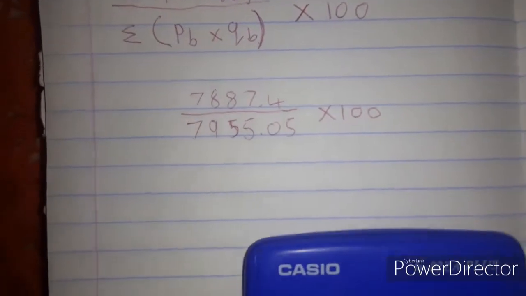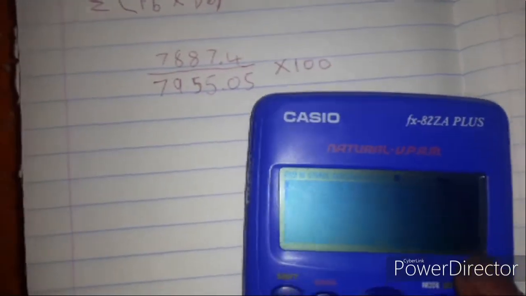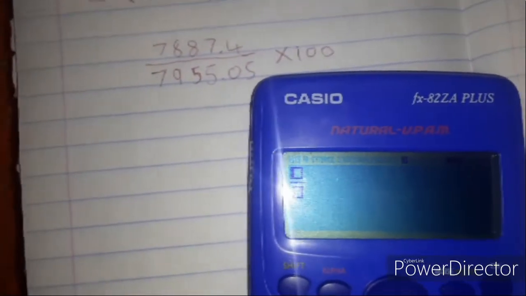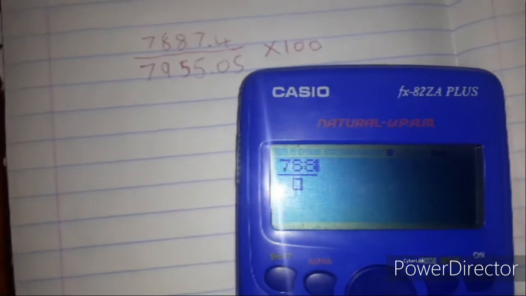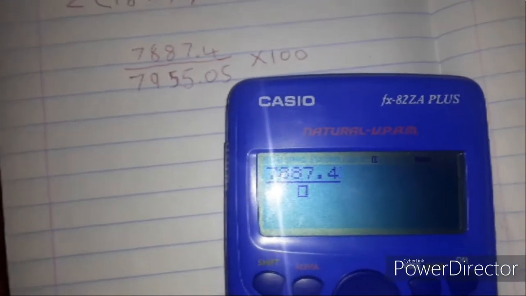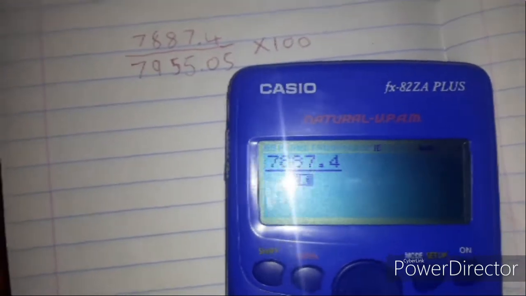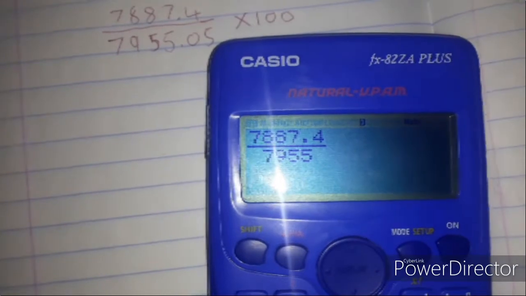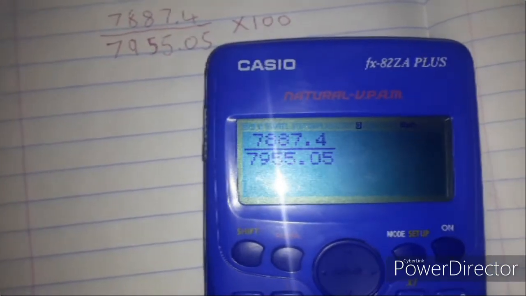Now let us calculate the past quantity index like this: 7,887.4 over 7,955.05.